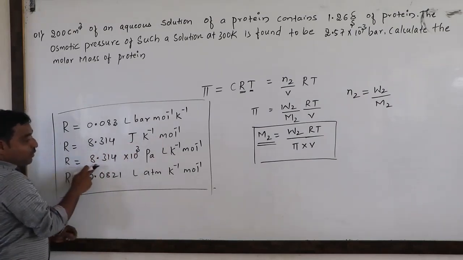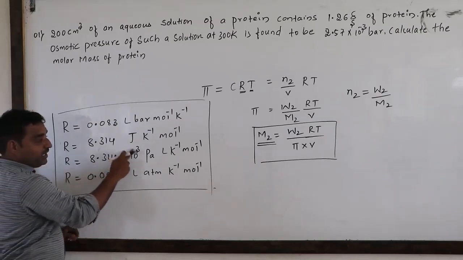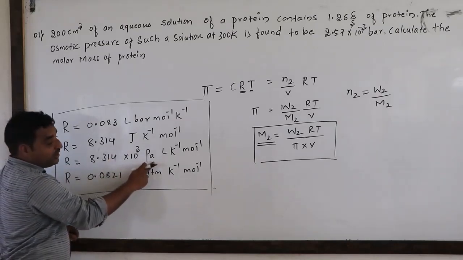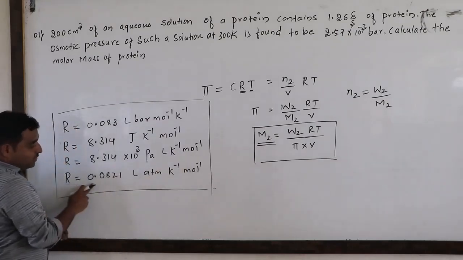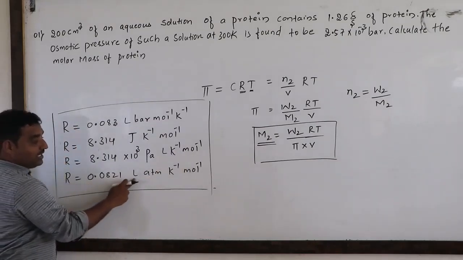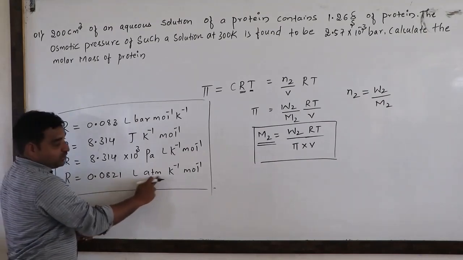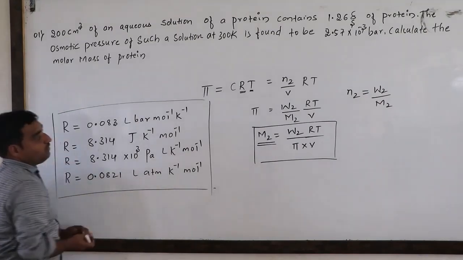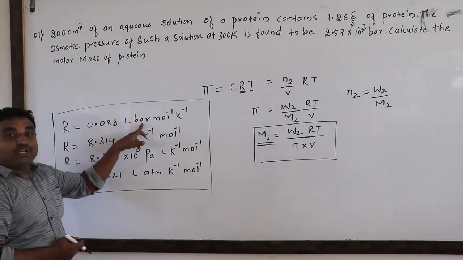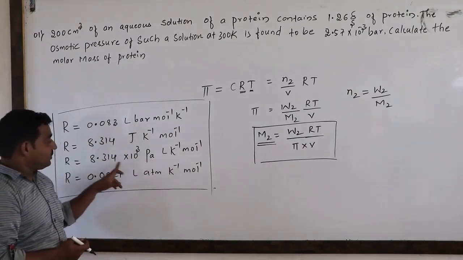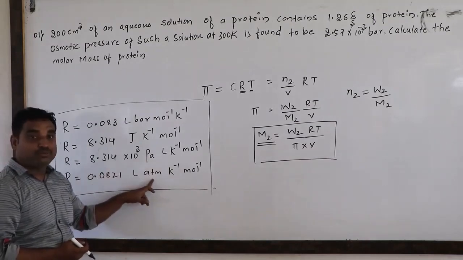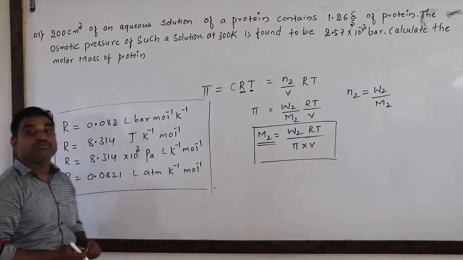R is 8.314 into 10 raised to 3 if the pressure is given in Pascal, liter per Kelvin per mole. And R is equal to 0.0821 liter atmosphere per Kelvin per mole. So if the pressure is given in bar, use the first one. If given in Pascal, use the second one. If given in atmosphere, use this one.